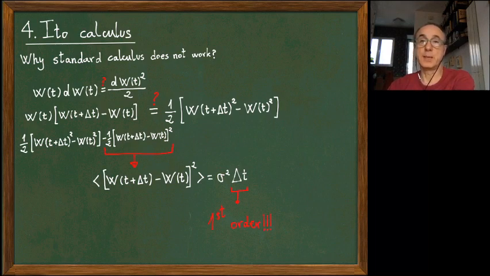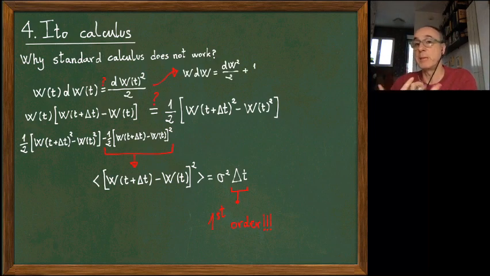This first order is the key point of the whole theory of stochastic differential equations, or the whole theory of Ito calculus. So we cannot neglect this. Ito calculus consists of keeping this term, which is 1/2 dW squared. So we have to put it here.